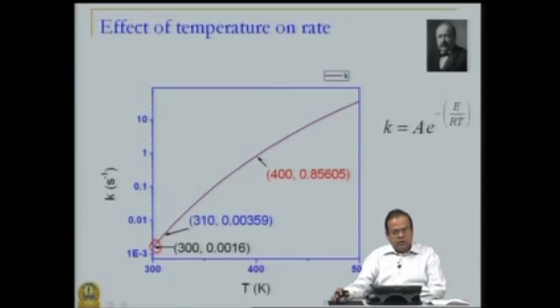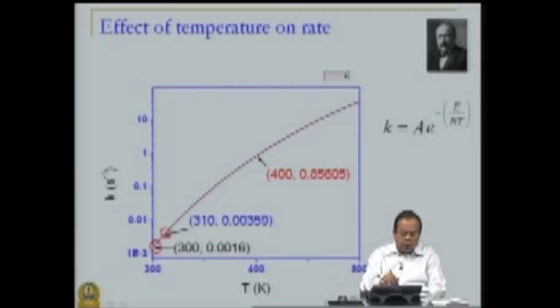If I increase temperature by 10 degrees, close to a 3% increase in temperature, the rate constant also increases, but not dramatically. From 300 to 310, the rate constant becomes 0.0035. But let us see what happens if I increase my temperature by 100, that is 33%.